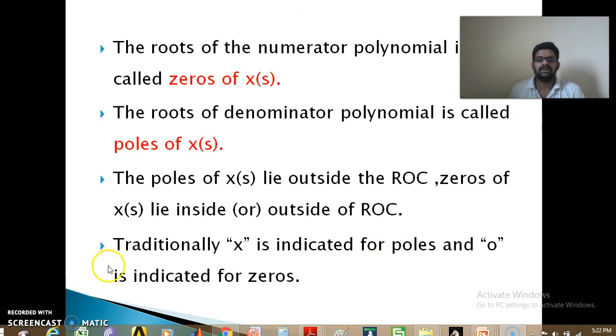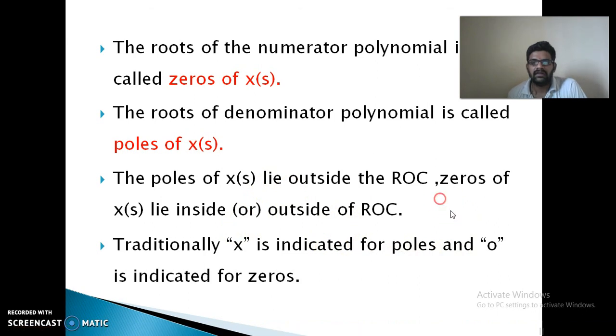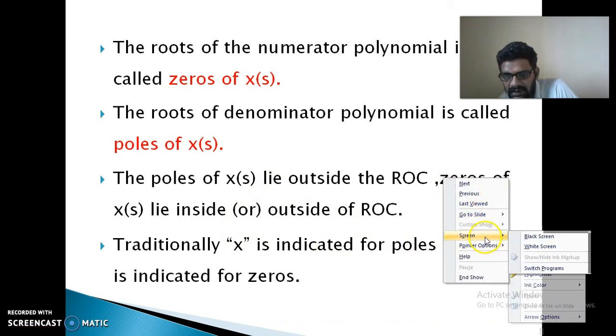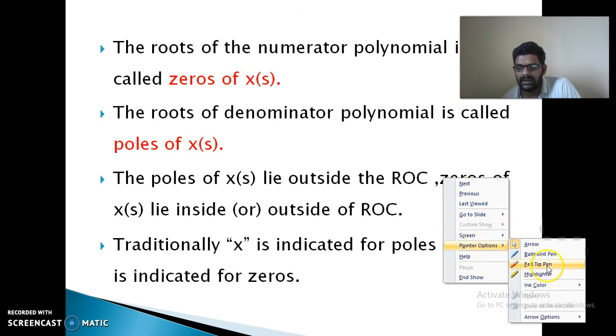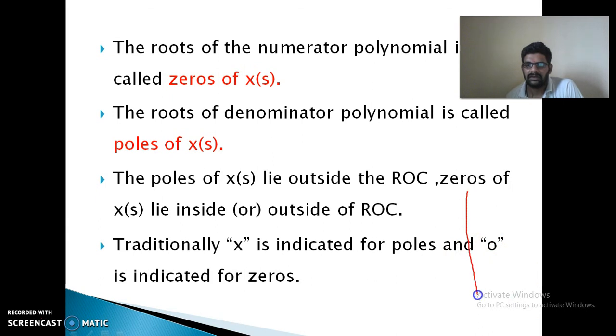The poles are represented by a cross mark, and the zeros are represented by a circle on the S-plane. The S-plane is a plane which is plotted like this, with a real axis and an imaginary axis. Real versus imaginary axis. This is called the S-plane.